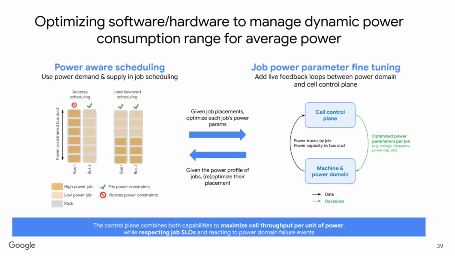So I'm going to skip a couple of slides so that we have time for questions, but I'll skip by going more quickly. Some of the things that we want to be able to do are to have power-aware scheduling. Once we know the arrangement of all of the different tensor processors and racks that exist in the system, we can track the amount of power that different types of workloads are running, and we can balance them so that across different bus ducts or power supplies in the data center, we minimize the probability that anybody ever gets throttled.